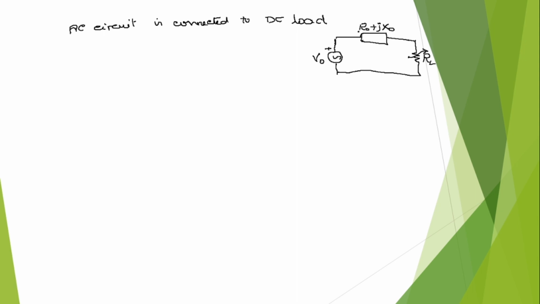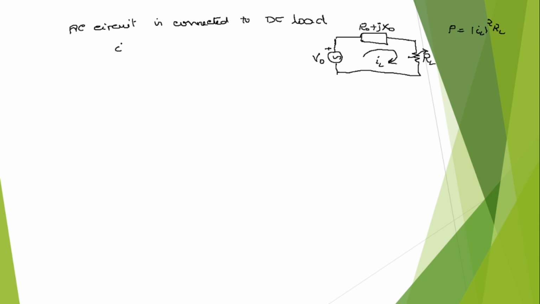Now the source is AC, so the current is also AC current. Now whenever AC current flows in the network, what is the power expression? Magnitude of IL square into RL. So in this particular case, magnitude of IL square into RL.